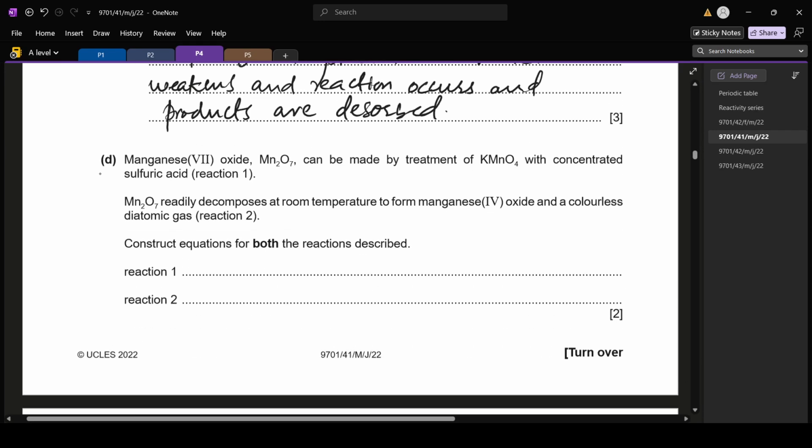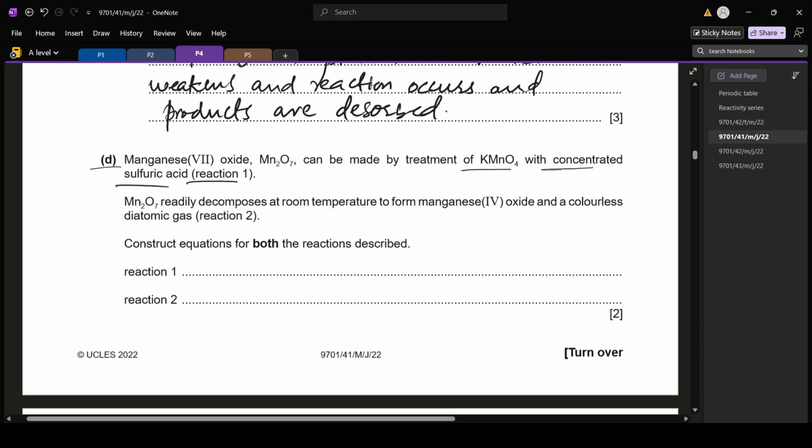Okay, moving towards the next part, part D: manganese(VII) oxide, Mn2O7, can be made by treatment of KMnO4 with concentrated sulfuric acid. Okay, this is reaction 1.